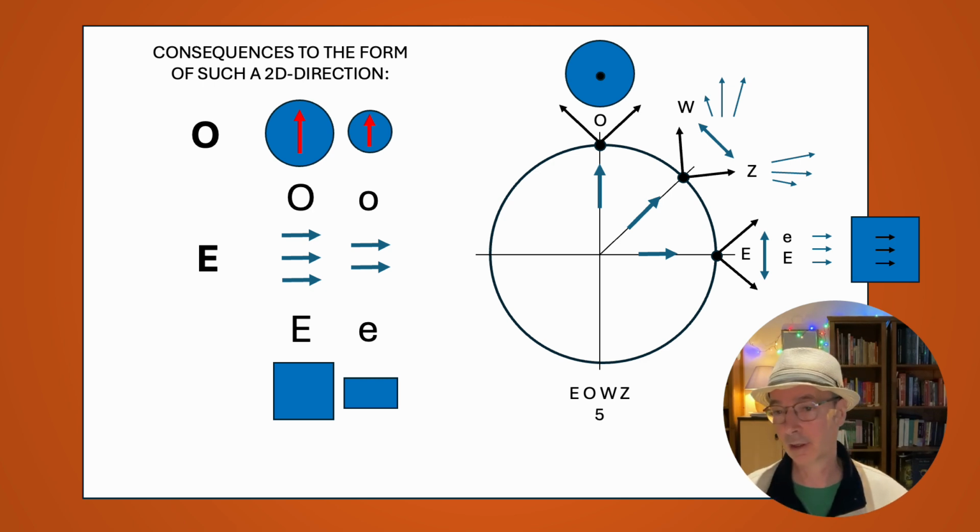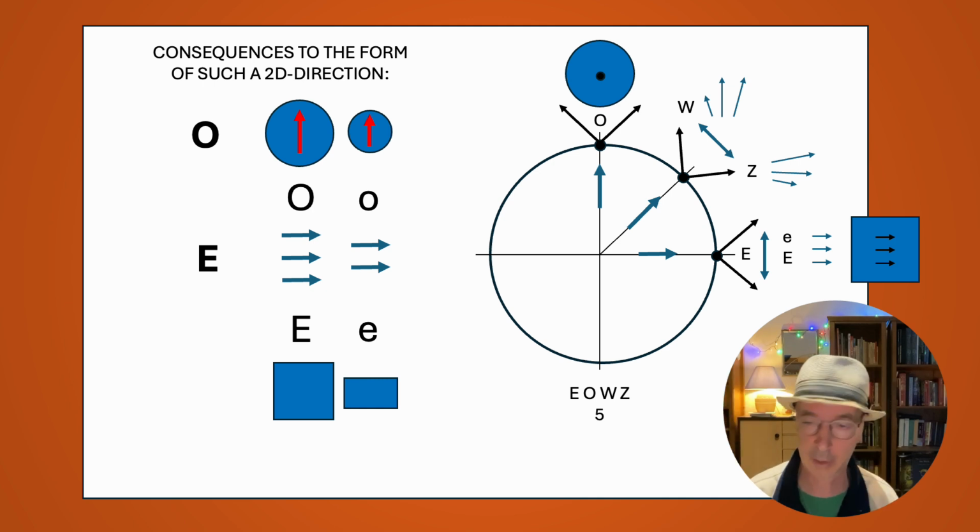In E, you have more moments, so you can stretch the form, and the way to express this is with the square, in which there are the variations of frequencies, sometimes a higher frequency, a lower frequency.